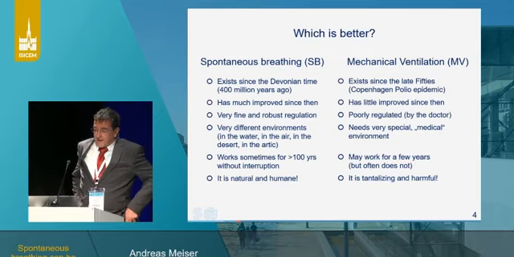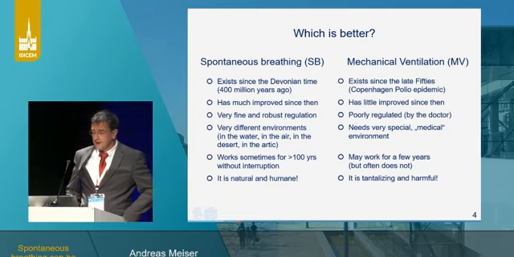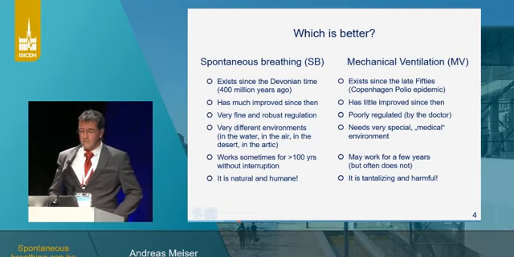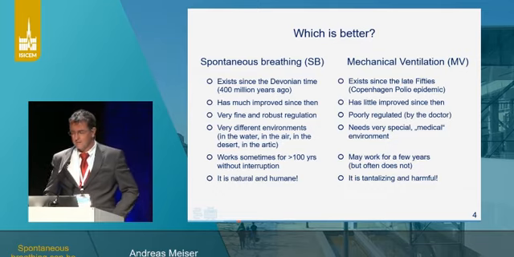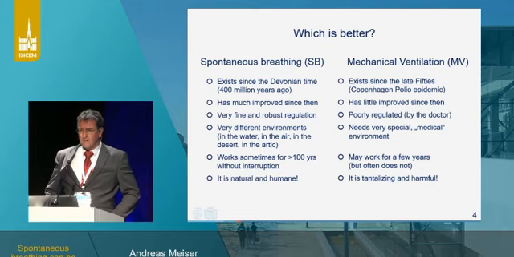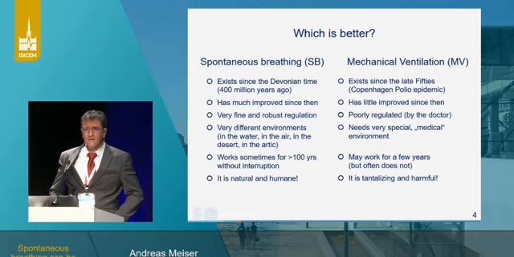On the other side, mechanical ventilation has existed since the late 50s, first employed in Copenhagen during the polio epidemic, and it has improved little since then. It is poorly regulated, usually by a doctor coming along once or twice a day. It needs a very special medical environment. It may work for a few years, but often it doesn't.